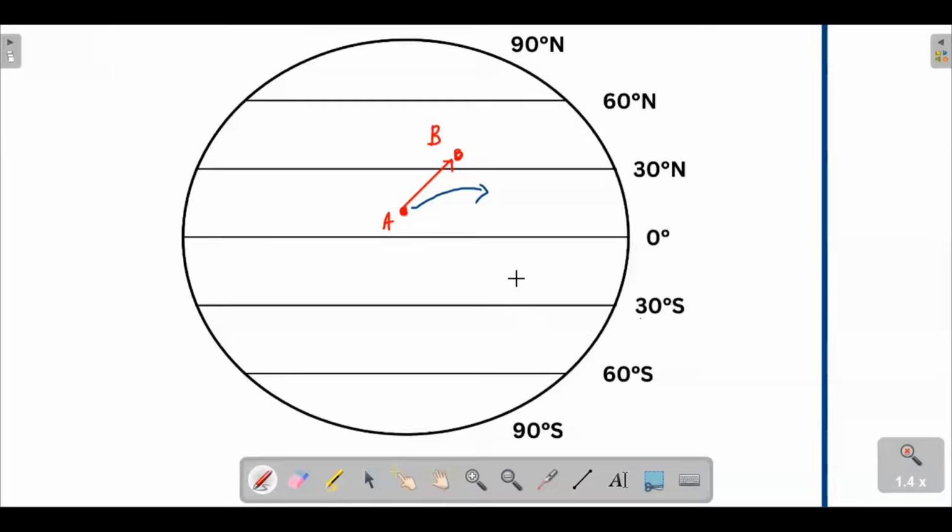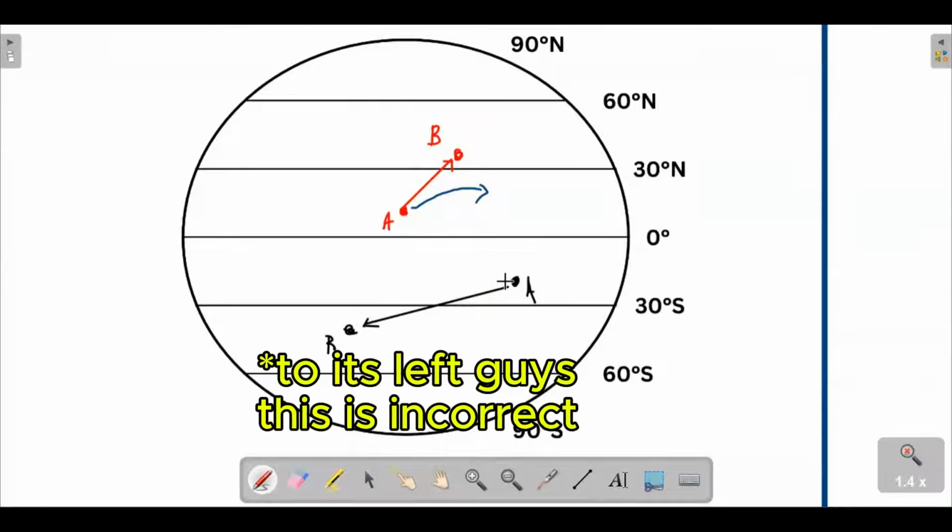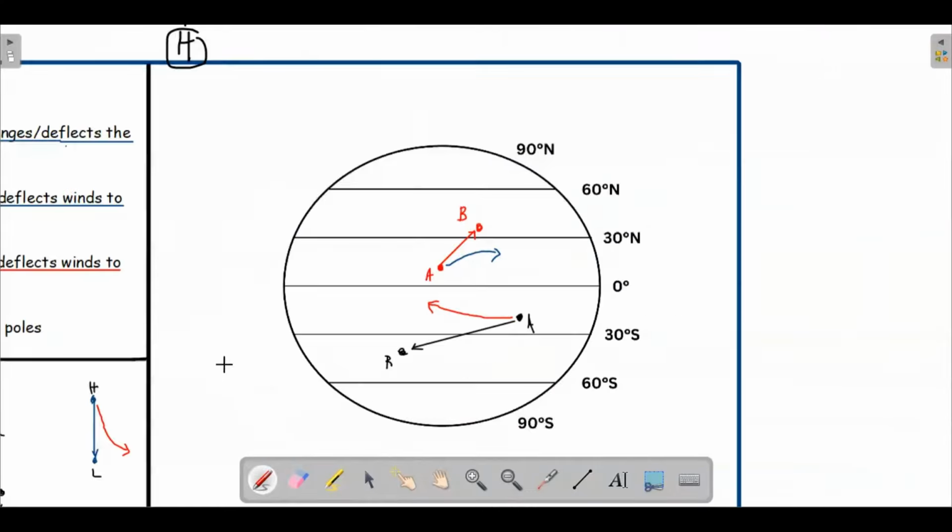And if I have air that was supposed to move from A here to B, just making an example here, guys, it's actually not going to move in that direction. It's going to be deflected to its left, so it's going to move that way. So it's deflected to its left in the southern hemisphere and deflected to its right in the northern hemisphere.